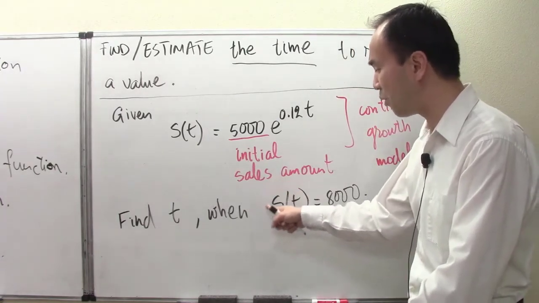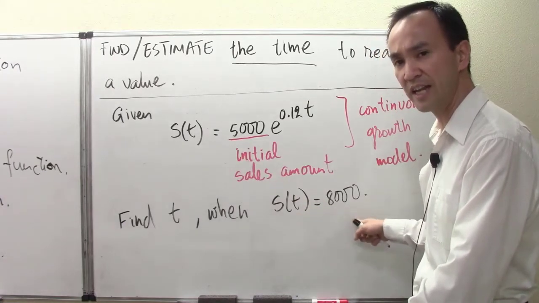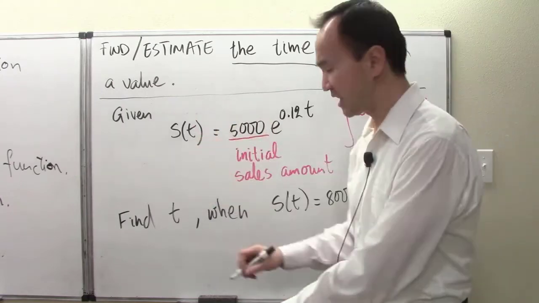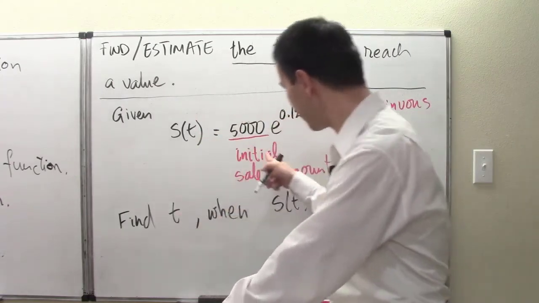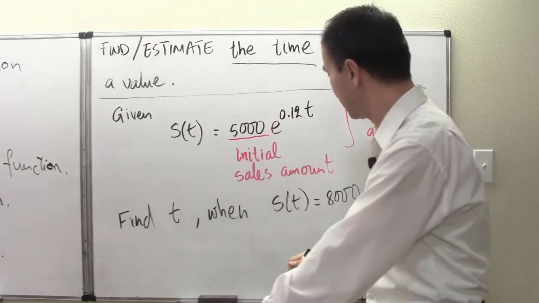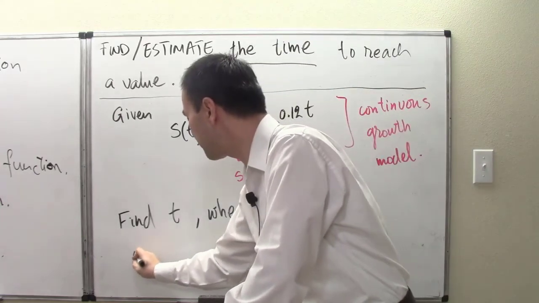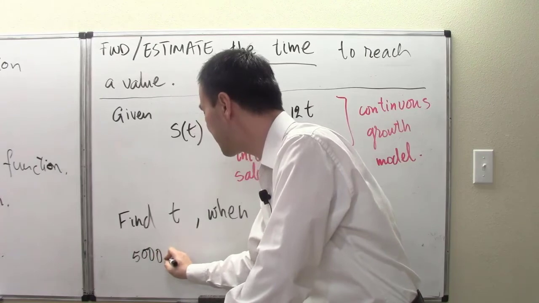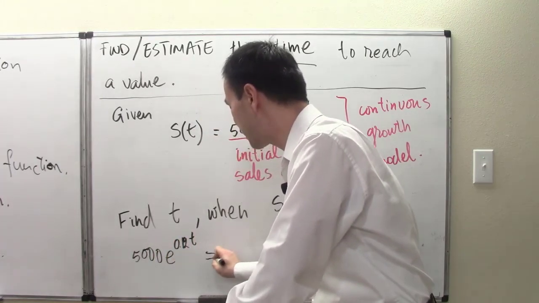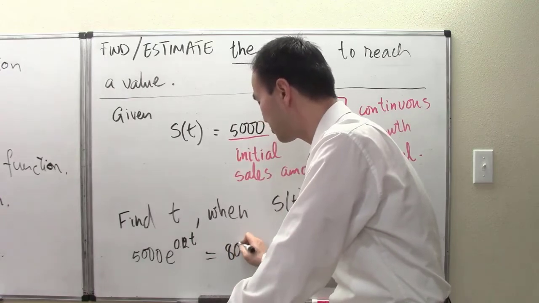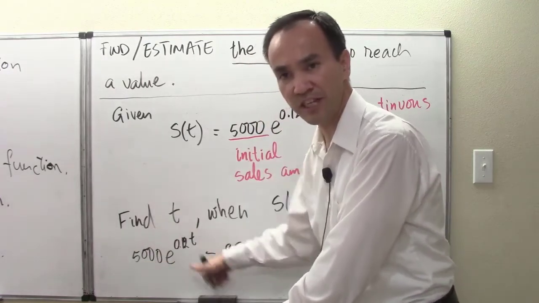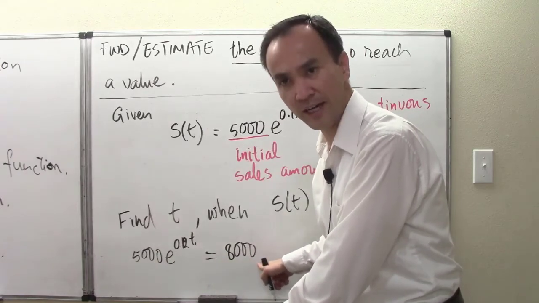We want s of t to equal 8,000. So in my problem, s of t is the function that was previously given. Now I'm looking at 5,000 times e to the positive 0.12t, and we are equating that with 8,000 because we want to find a value for t where this function s of t will equal 8,000.